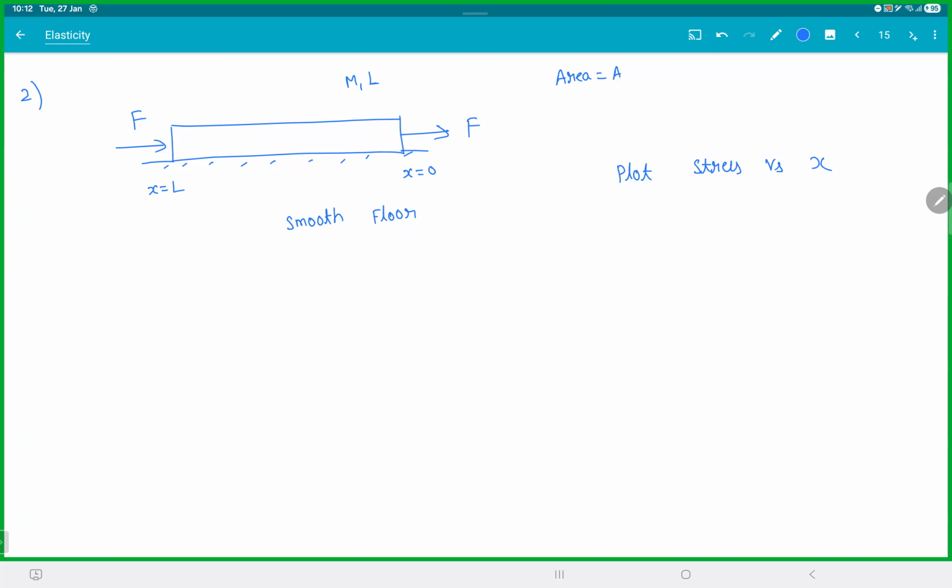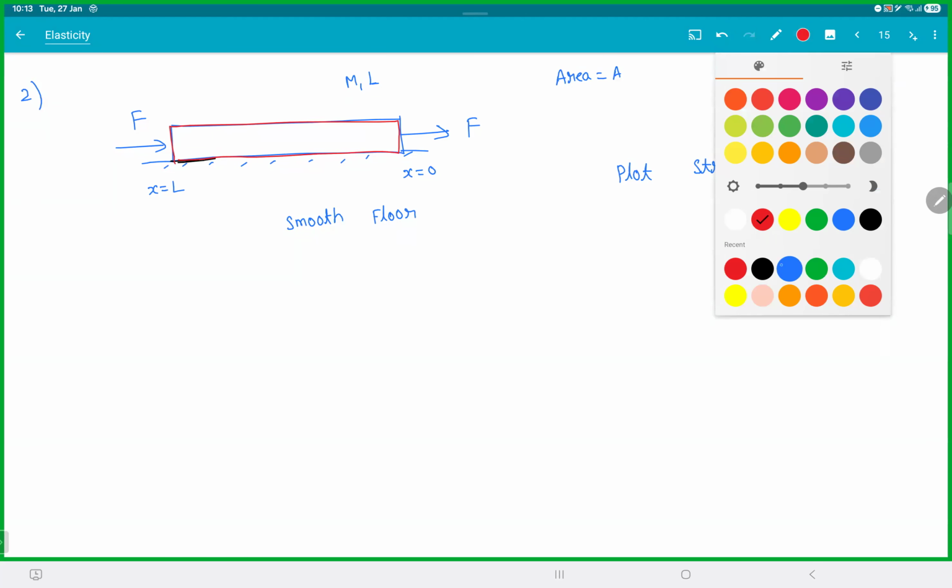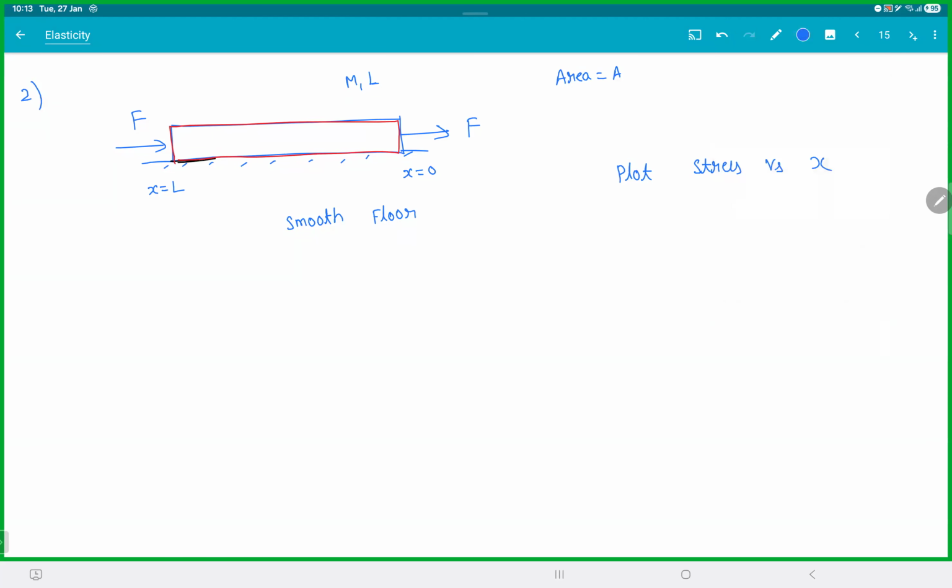Remember, the rod will not remain at rest. You're pushing, both sides you're pushing. Again, like I said, it's all about finding tensions.